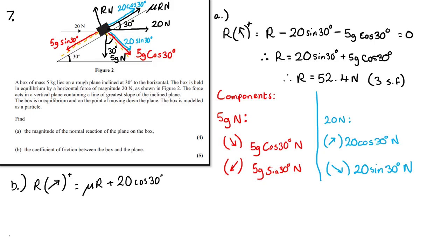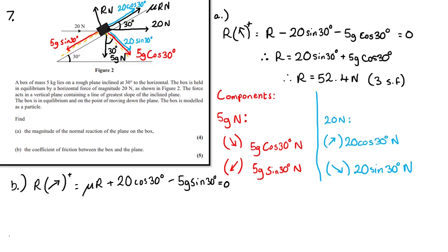That's moving up the plane, so that must be positive. But notice the 5g sine 30 degrees is going down the plane, so we take that as negative. That's minus 5g sine 30 degrees. And with the box in equilibrium, this will all be equal to 0.